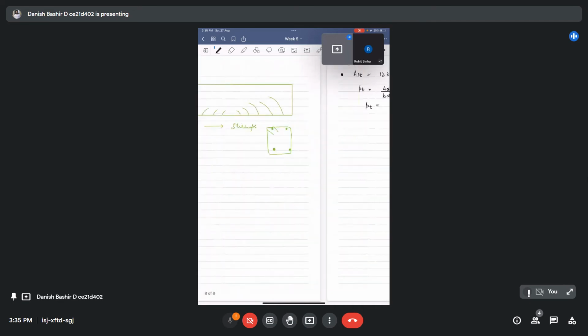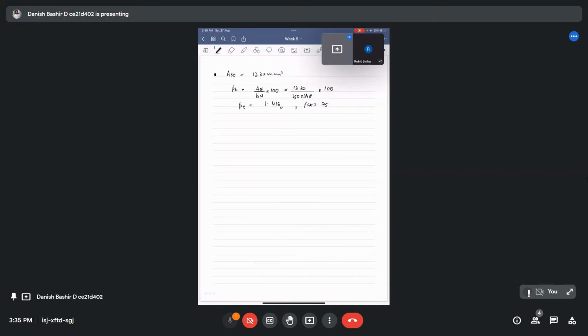When we interpolate the values between these two, we get our tau c corresponding to this table as 0.728 megapascal. Clearly you can see that tau c is less than the nominal shear stress tau v.